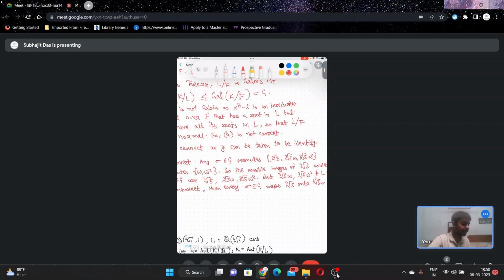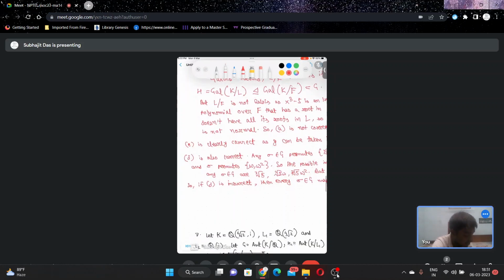It should fix cube root of 5, right? Because if the image is in L and the only possible images of cube root of 5 are cube root of 5, cube root of 5 omega and cube root of 5 omega square, and the latter two are not in L, so the only possible image would be cube root of 5.